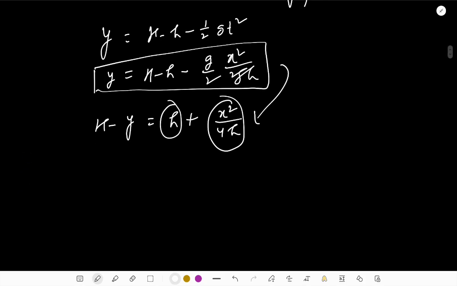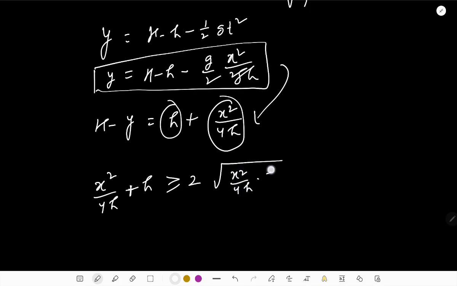So I can write x square by 4h plus h must be greater than or equal to 2 under root of x square by 4h multiplied by h.